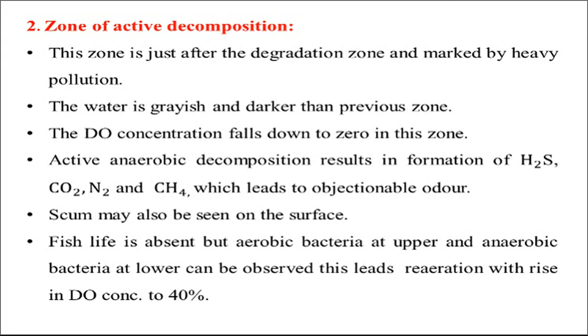Then DO concentration falls down to 0 in this zone. Active anaerobic decomposition results in formation of hydrogen sulfide, CO2, N2 and methane, which leads to objectionable odor in the stream water. There may also be scum seen on the surface of the water.